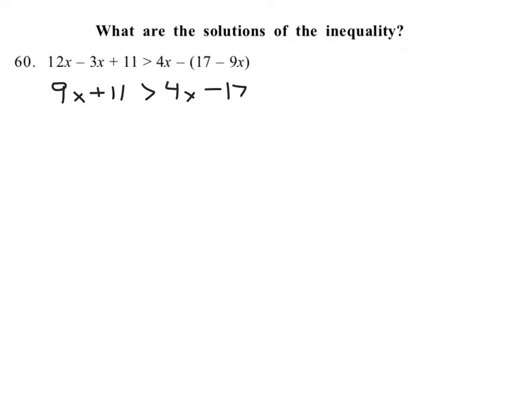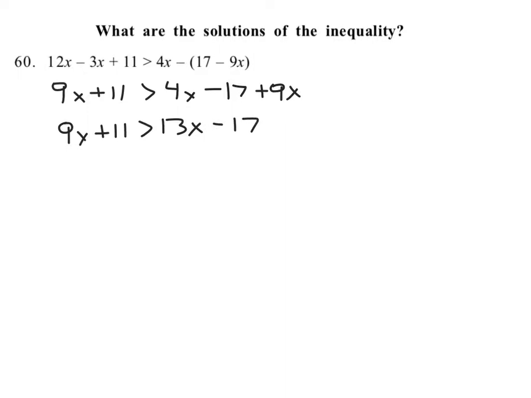The negative of negative 9x is positive 9x. Okay, and now we can combine those like terms. So we've got 9x plus 11 is greater than 13x minus 17.